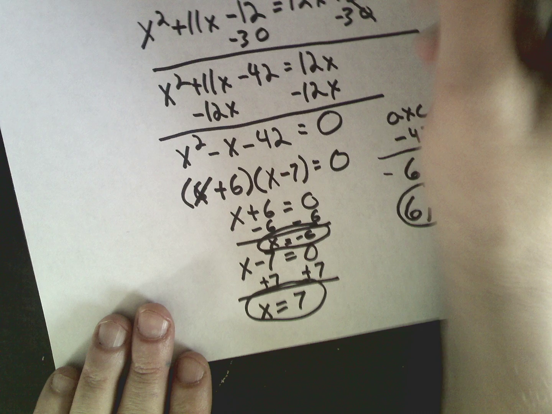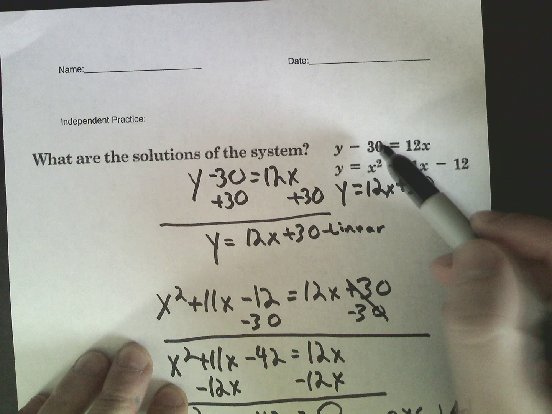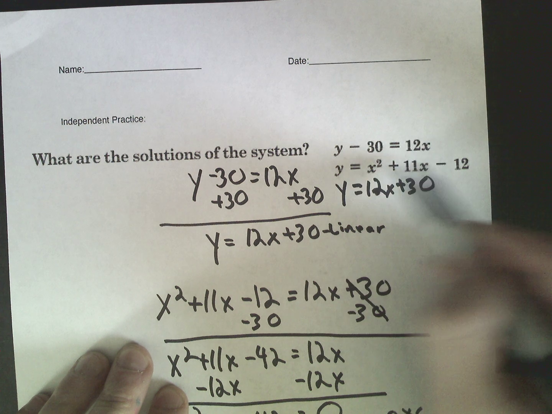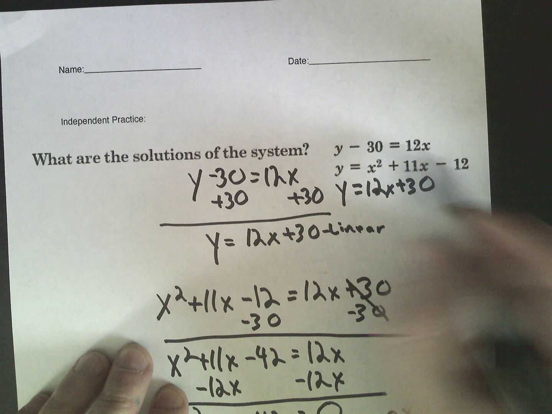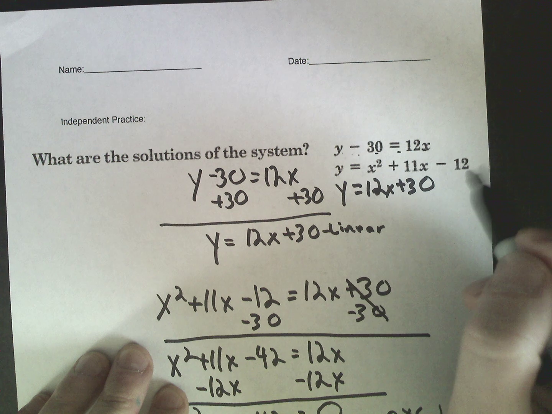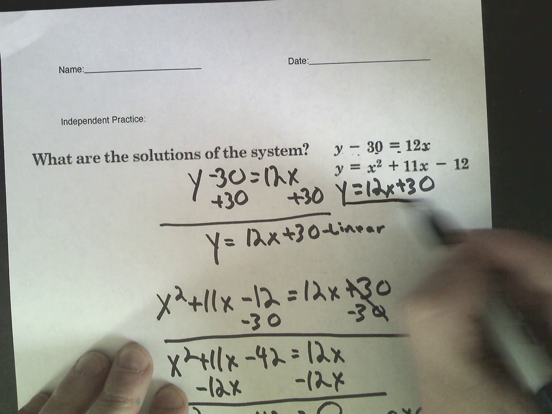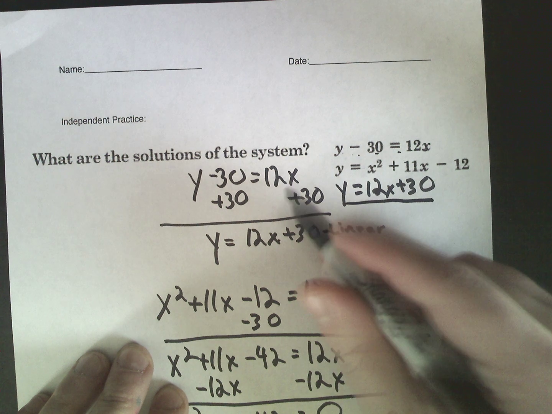So I'm going to pick the easier one of these to work with. And I always think with these problems, the linear is always the easier one. Very rarely is it the quadratic. This one is usually not the easier one to substitute with. This one is usually the easier one to substitute with. So let's just do this. I'm going to take the one we made up, 12x plus 30, because it's the same equation.